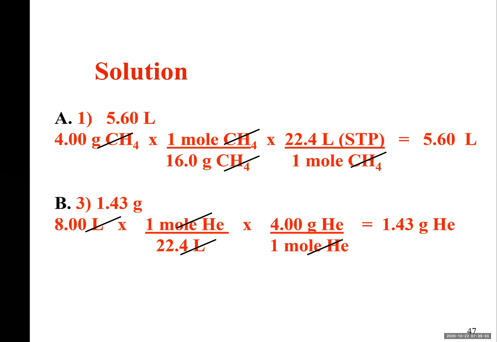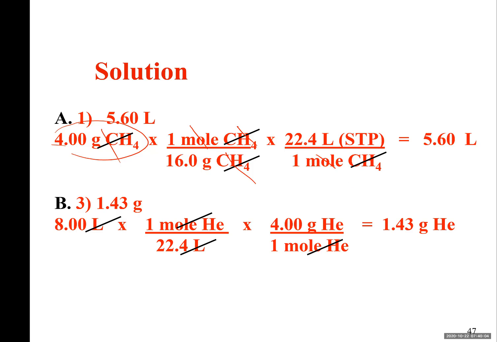I am giving you grams of methane. You already know how to convert grams to moles. How do you do that? You cancel grams by writing grams on the bottom. You write moles on the top. That will convert grams to moles. And then next step, you want to cancel moles, and you write moles on the bottom.